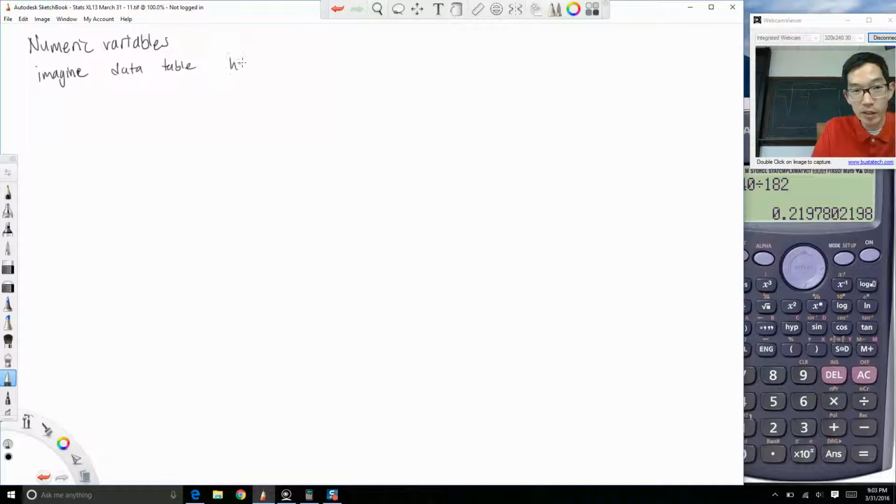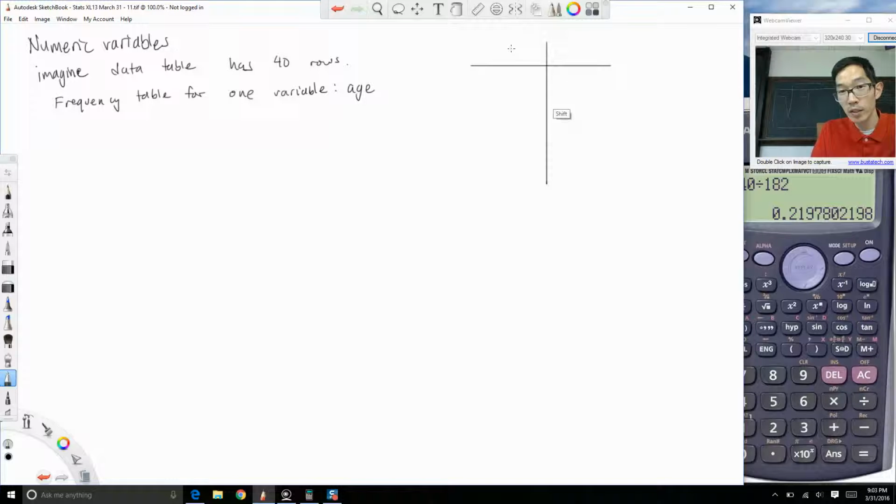Okay, it has, I don't know, 40 rows. And we're going to create a frequency table for, I don't know, one variable, age. So what we will do is we will put the age over here, and we will have the frequency over here.